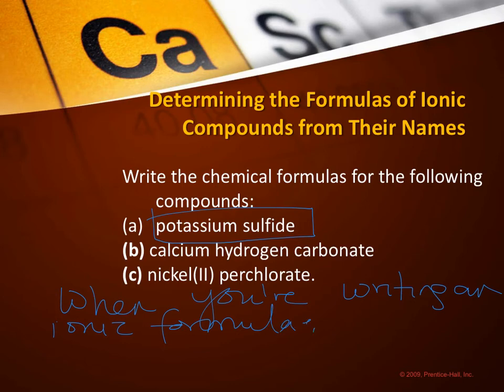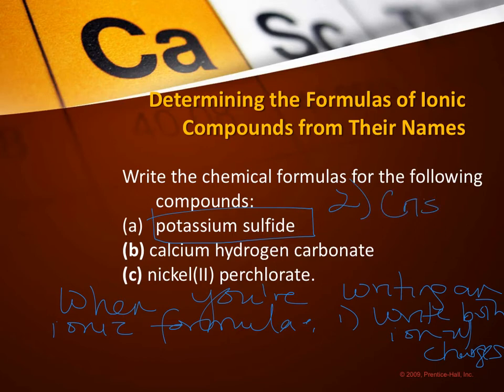The first step is to write both ions, the cation and the anion, with their charges. And the second step is to crisscross charges. What the heck do I mean by that?